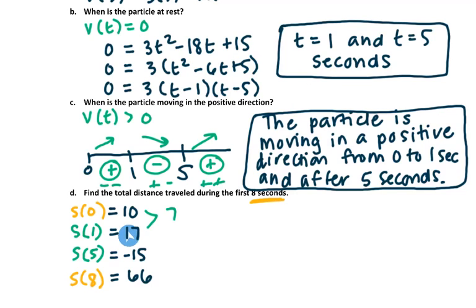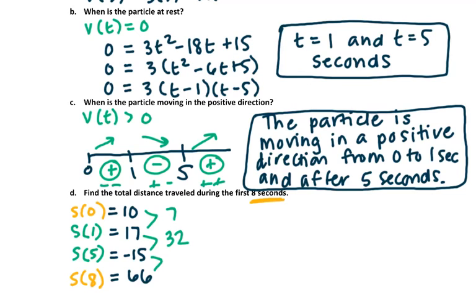Then it's all the way at 17 and it goes to the left until it reaches a negative 15 position. So that's a lot of change. That's in fact a change of 32 from 17 to negative 15. And then it changes direction again and goes back all the way from negative 15 to the right to positive 66.